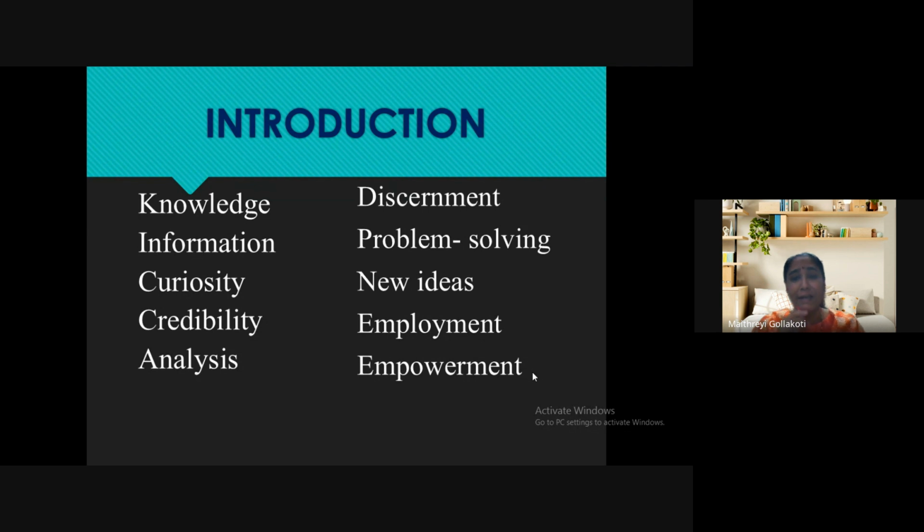And next, discernment. Now, research people who do research also have social responsibility. They should know which information is good to reveal. They should know which information is harmful to the people, which information is beneficial to the people. Okay, so that sort of discernment should be there in the researcher.